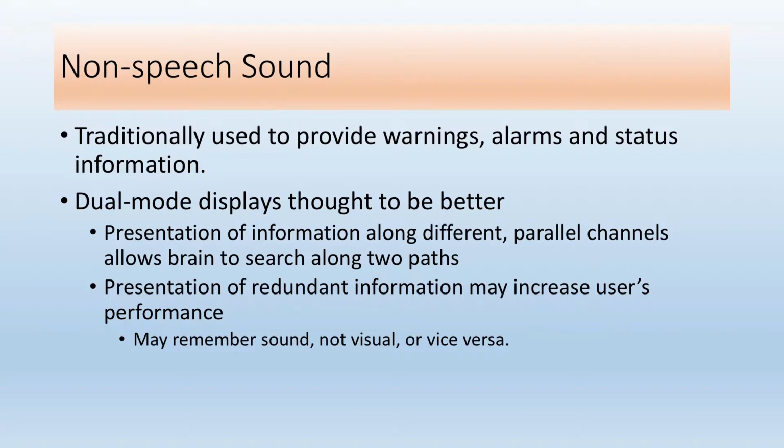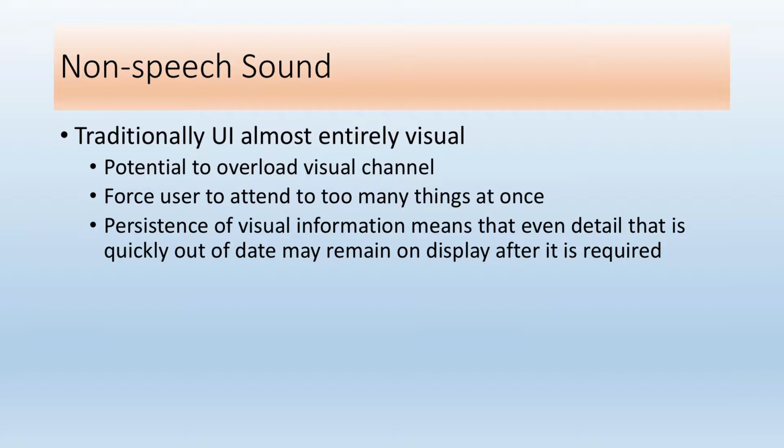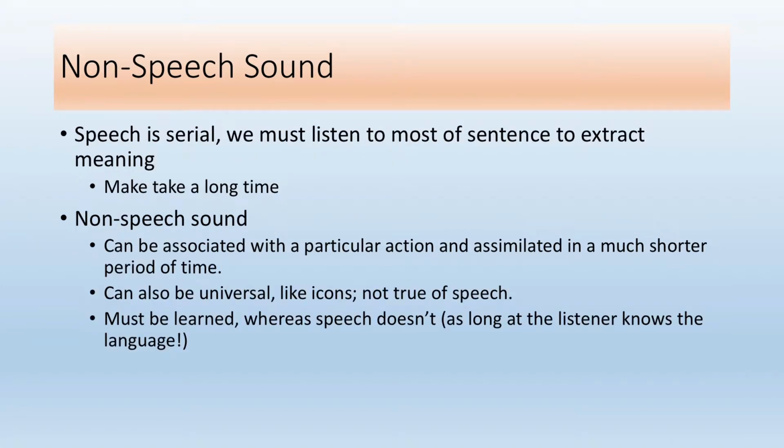So, even though we've been dealing with these user interfaces that are primarily visual, don't forget that between non-speech and speech-based sound, you still have the ability to convey more information than you could with just the visual interface. So we're going to move beyond that.